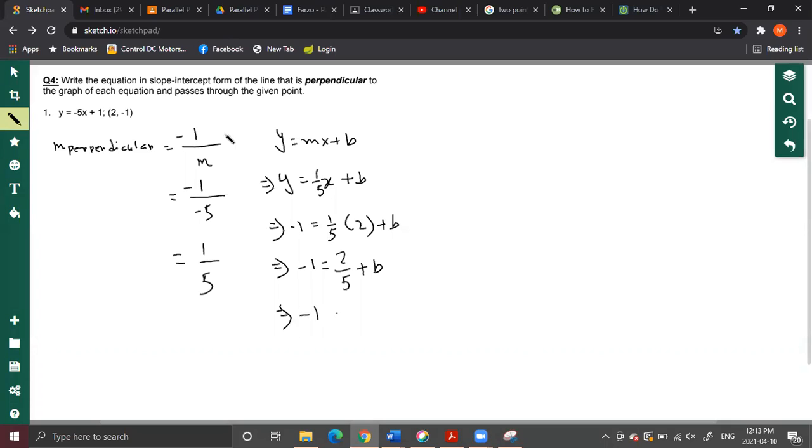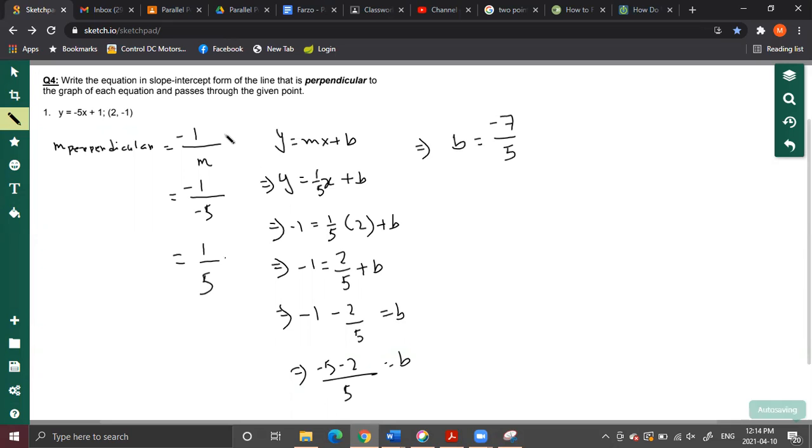And we'll bring it on the other side. -5 minus 2 is equal to b, and b is going to be -7/5.